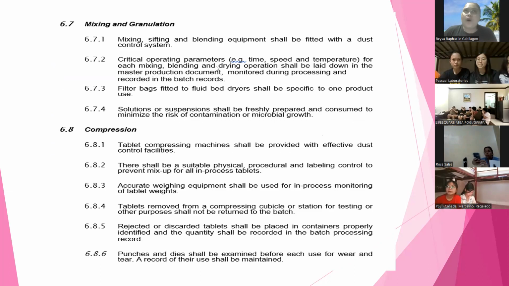And then we have to operate efficiently with the following parameters: time, speed, and temperature in mixing, blending, and drying. These must follow the steps from our master production document, again, with one purpose: to avoid contamination.